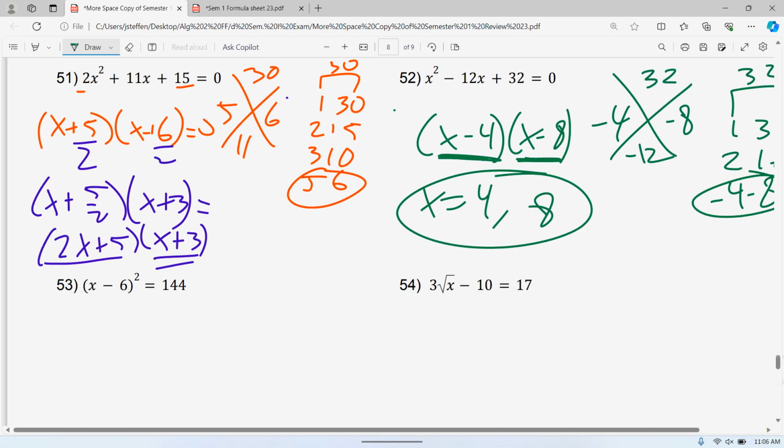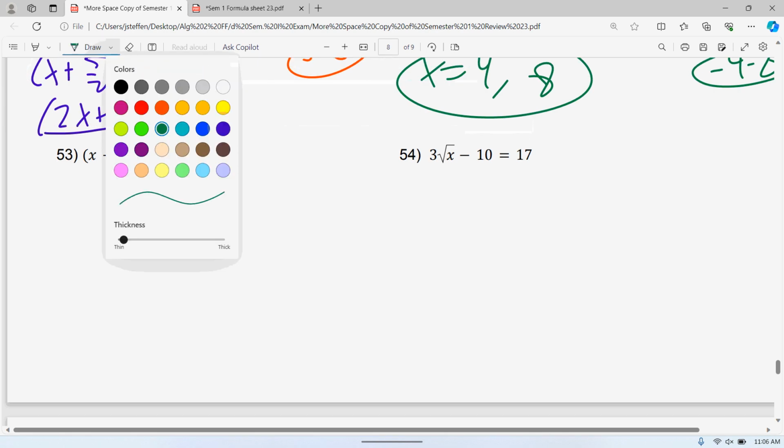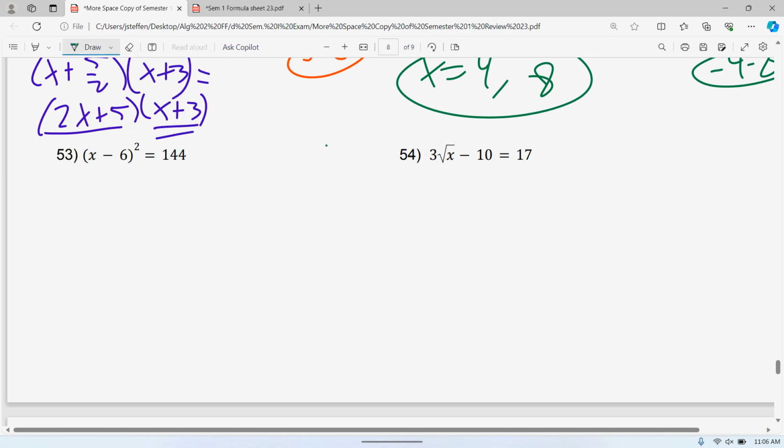And the last one's, again, a couple different ways to do it, but I think I'll go ahead and do this one. First, we have the parentheses. So before we do anything with that 6, I've got to get rid of that square. Take the square root. It's not 144.